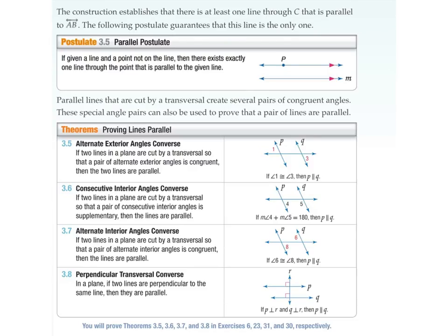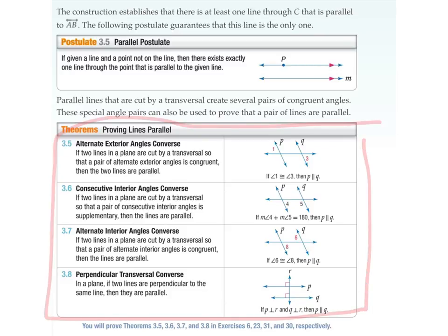If you look at the proving lines parallel and the postulates, especially this section here, remember back to 3.2, every part of that was alternate exterior angles, consecutive interior, alternate interior, and transversals, etc. But this time you've got one extra word, and the extra word is converse every time.